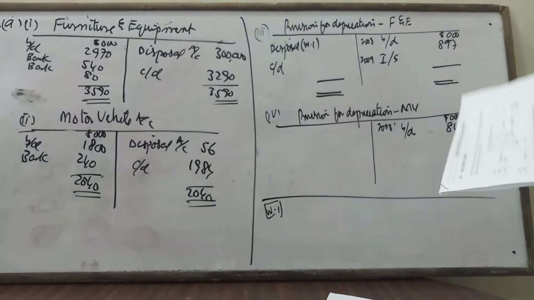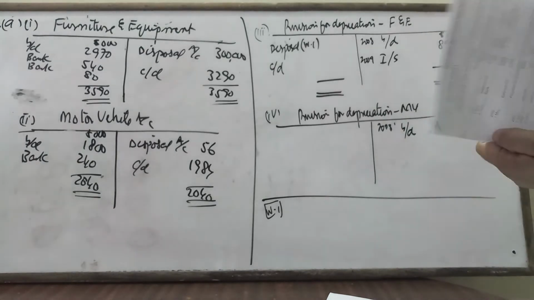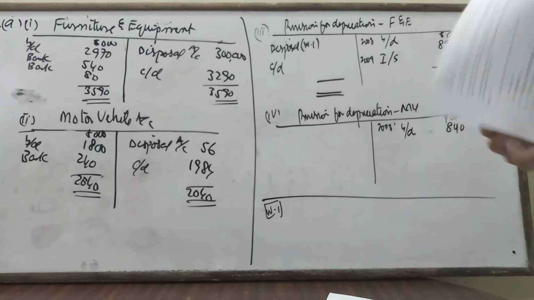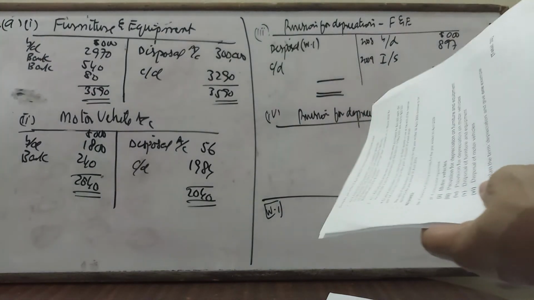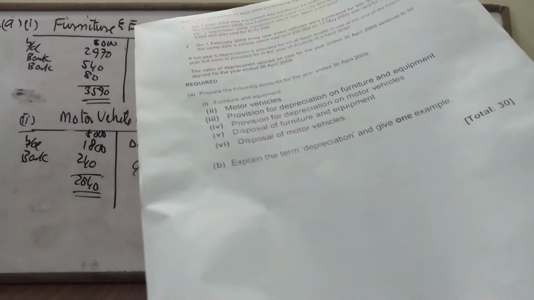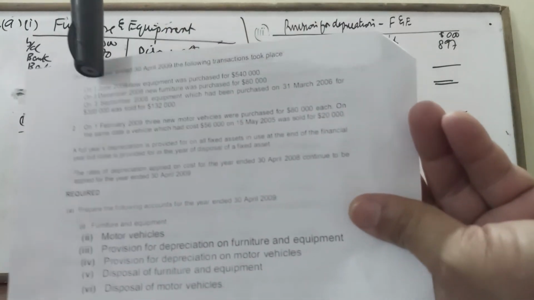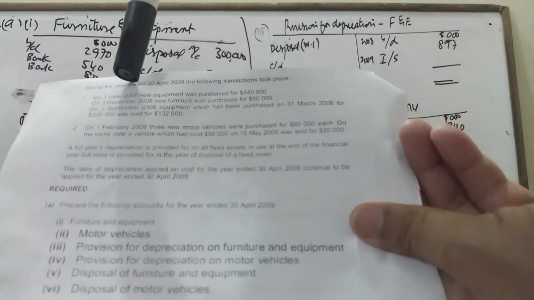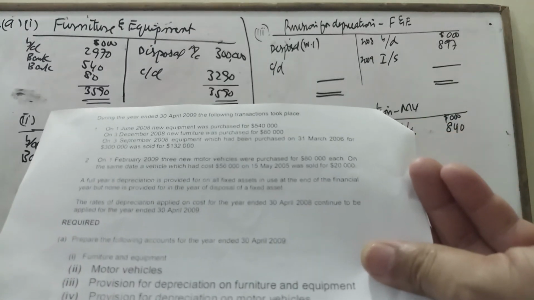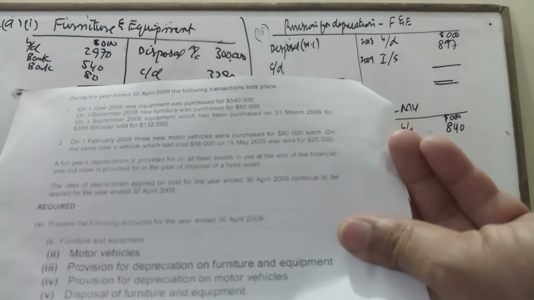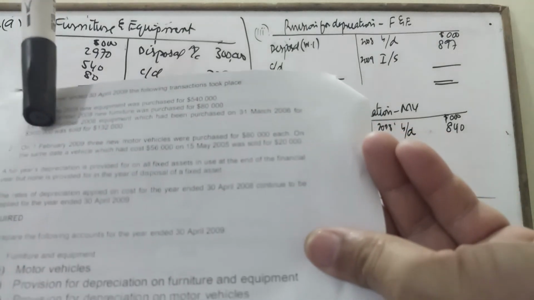Now for that, the very important thing is you have to read the depreciation policy. Furniture and equipment especially. You can read point number one very carefully, the last line of point number one.